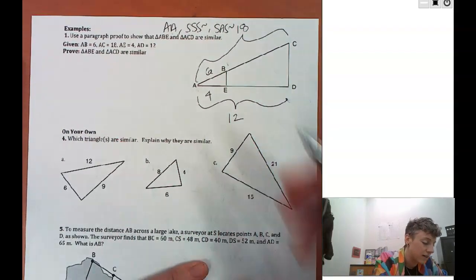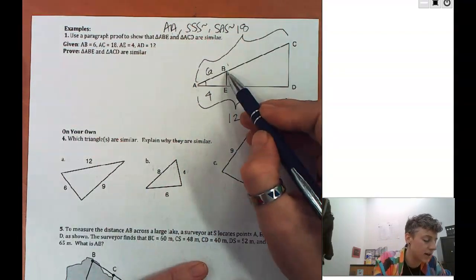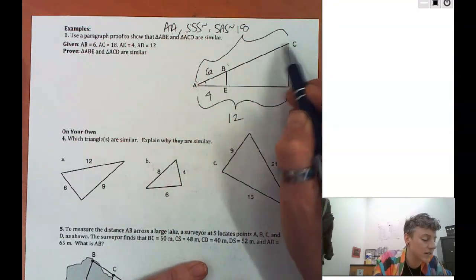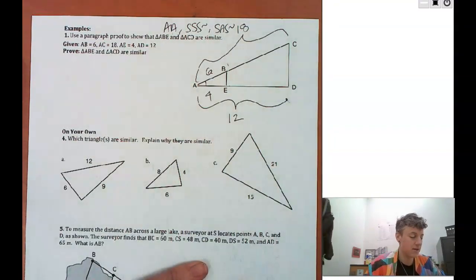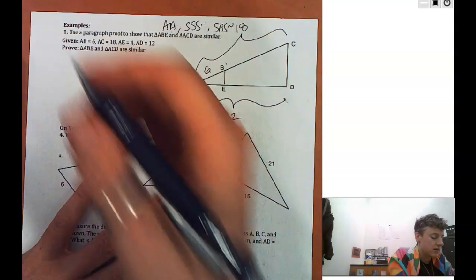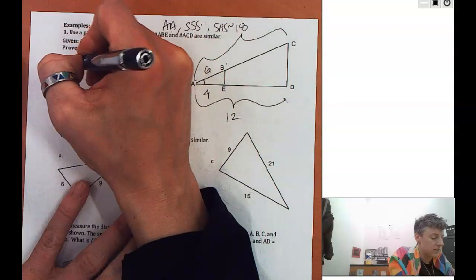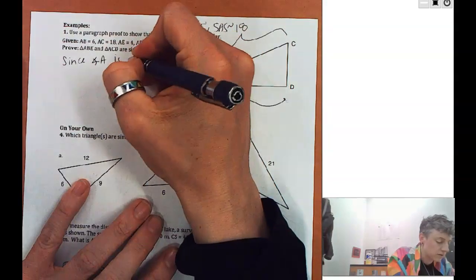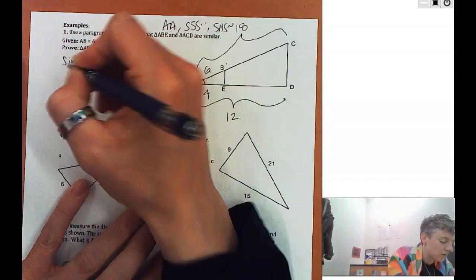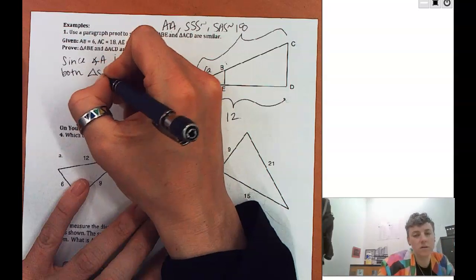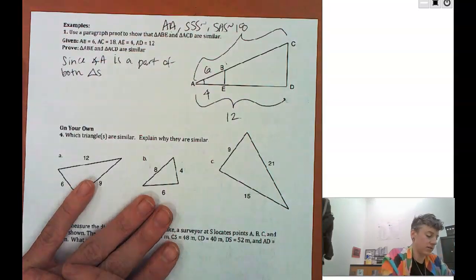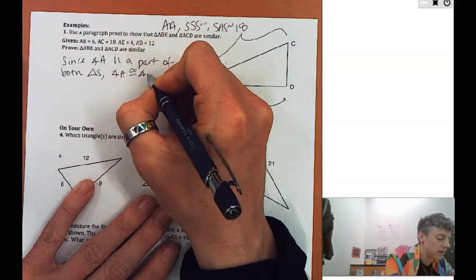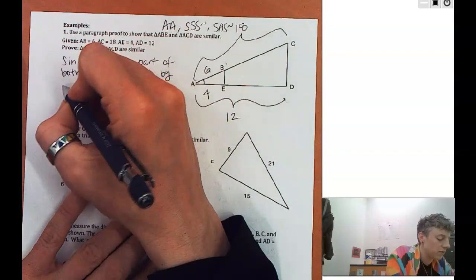Yeah, they both have that little angle, that angle A. Triangle BAE has that, and triangle CAD has angle A. So, let's say, since angle A is a part of both triangles, yes, you can use symbols in your paragraph. Angle A is congruent to angle A by the reflexive property.